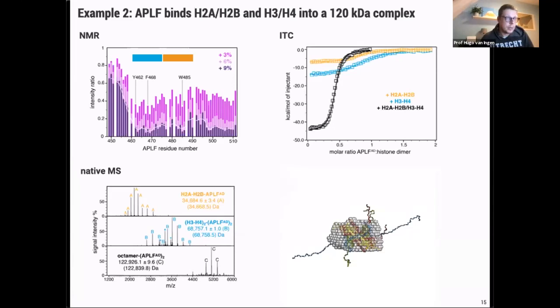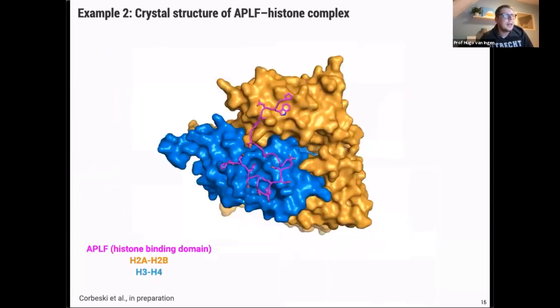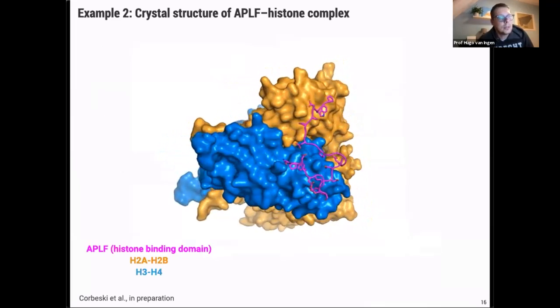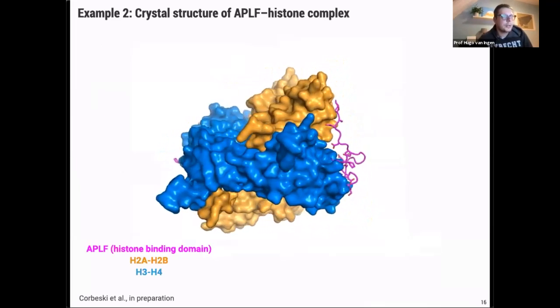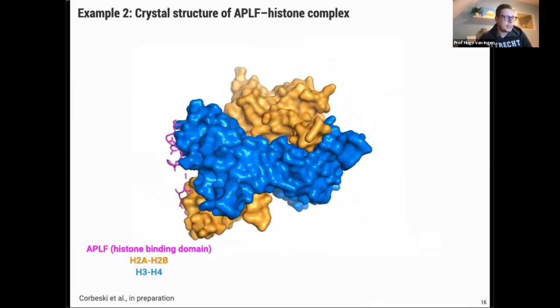And this worked perfectly well, resulting in this 2.3 angstrom resolution structure of a fragment of this APLF chaperone domain, showing how it tethers together these two core histone complexes into a 120 kilodalton complex.